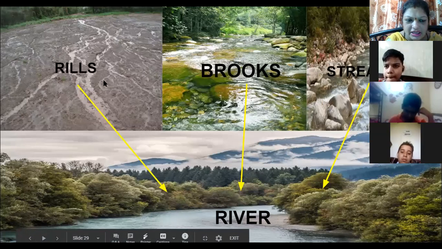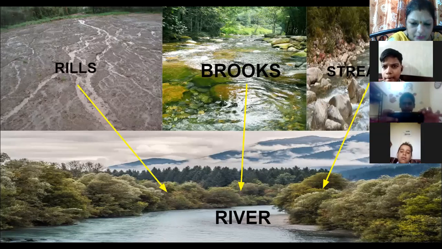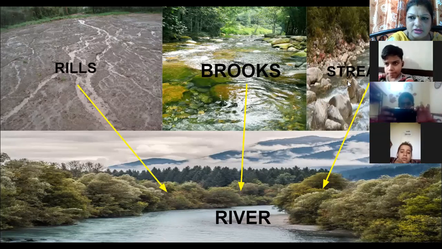Fresh water body means whatever water is coming from the rills, the brooks, or the streams is meant for drinking, but directly you cannot drink that water. We need processing, we need purification. But these are the sources of fresh water, or we can say the surface water.